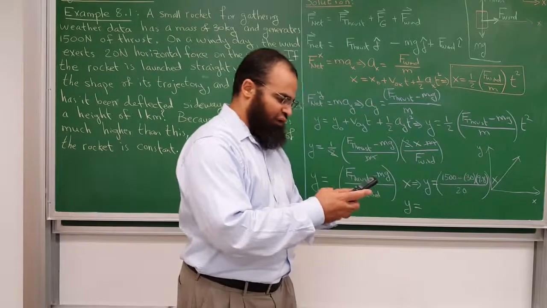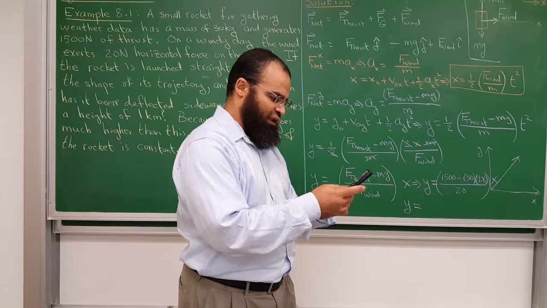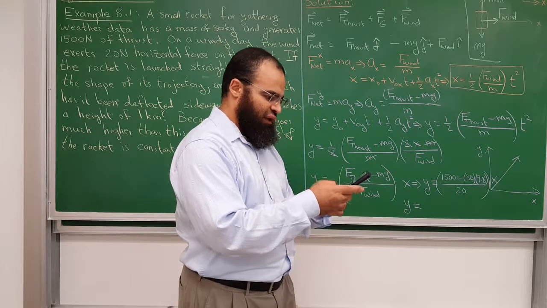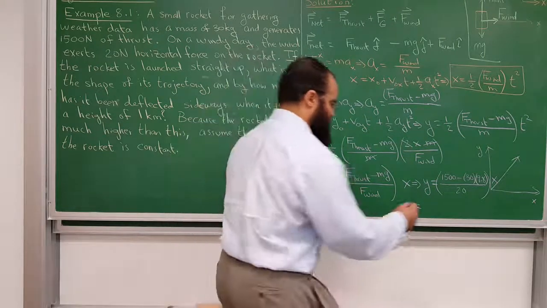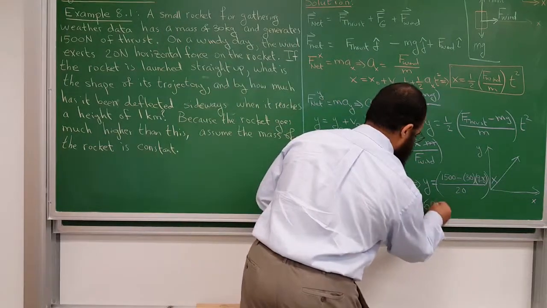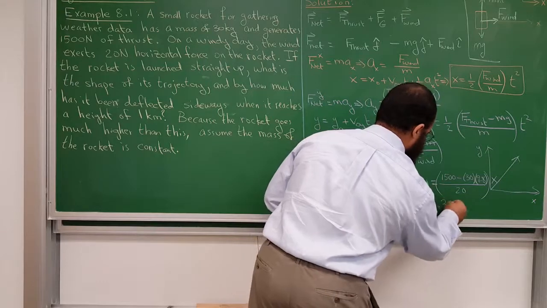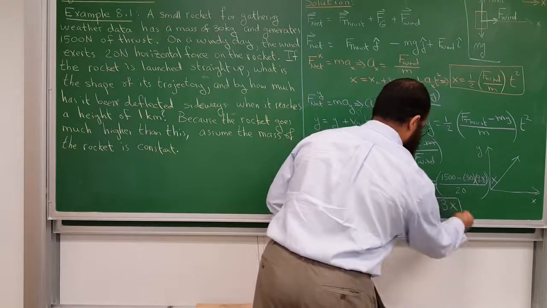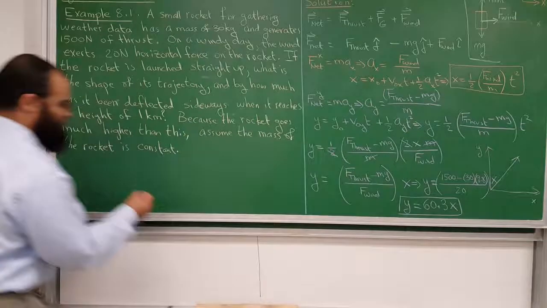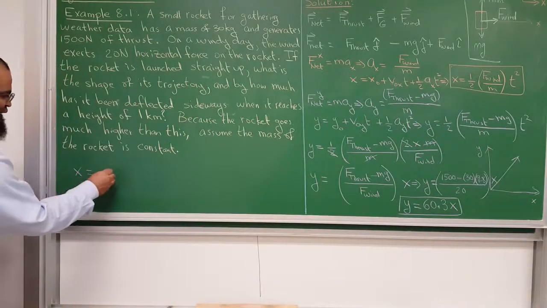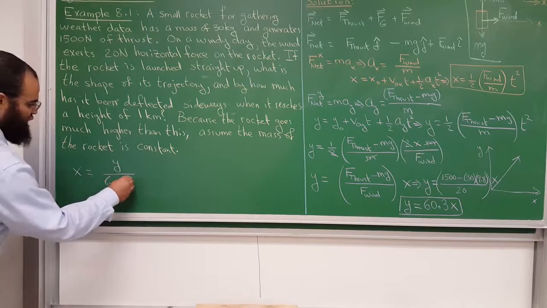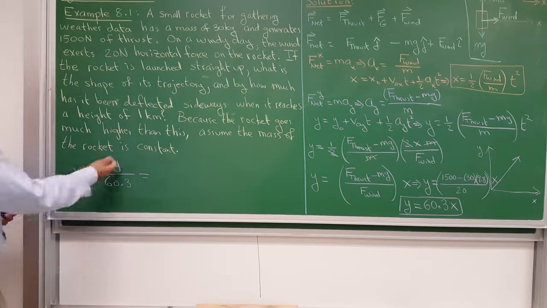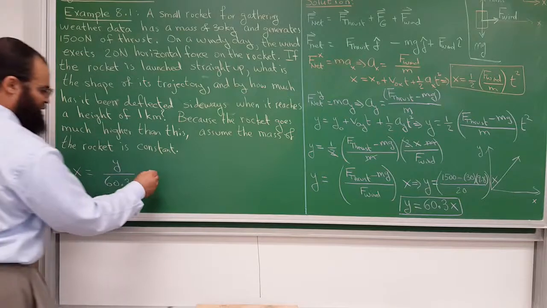So I get 1500 minus 30 times 9.8, and then you divide that result by 20. So that's 60.3 times x. So let's solve for x. We get x will be y divided by 60.3. And they want to know what is x when y is 1 kilometer or 1,000 meters.